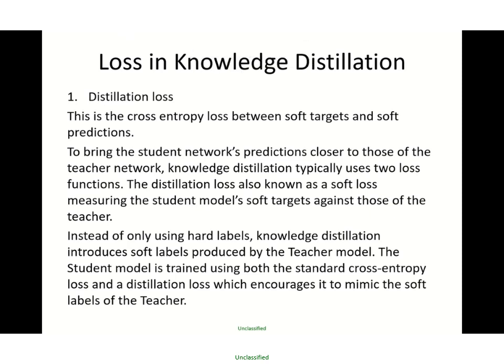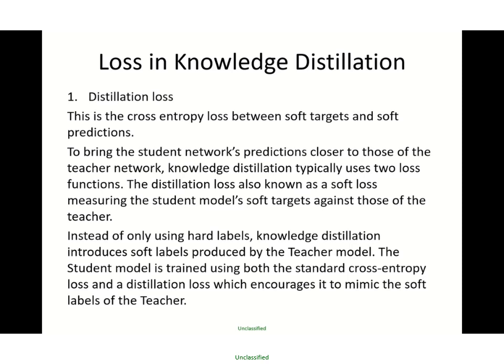From the different visualizations that I've displayed, we've seen losses, we've seen a distillation loss, and I want to talk about losses in knowledge distillation.